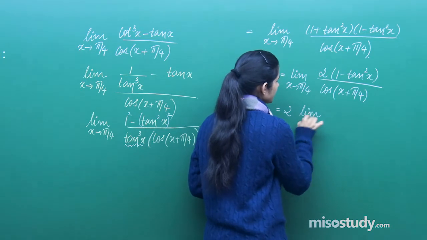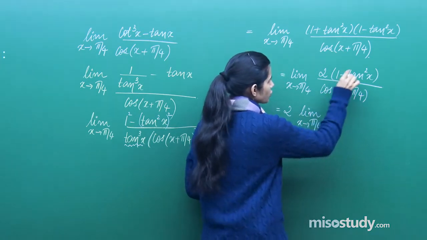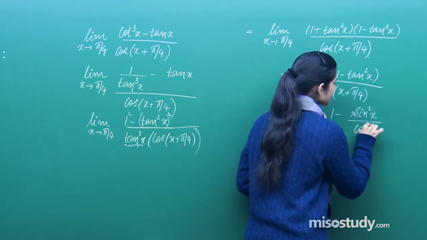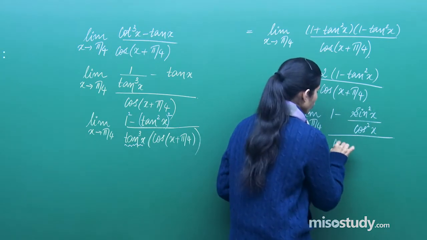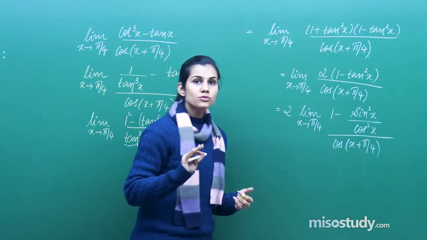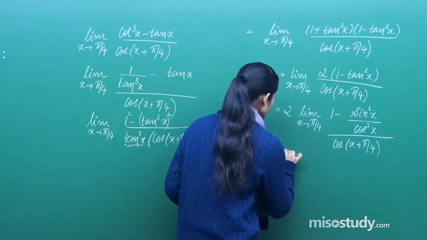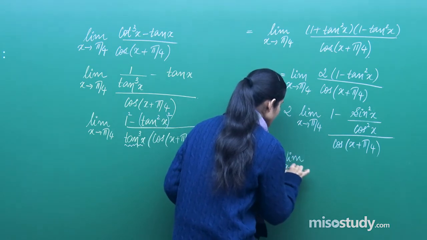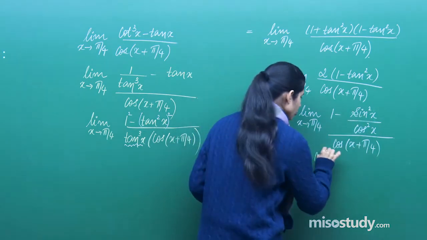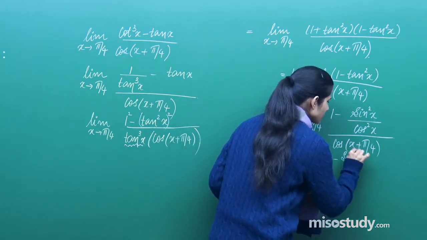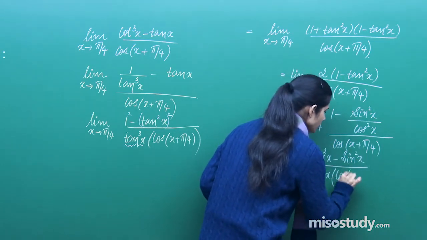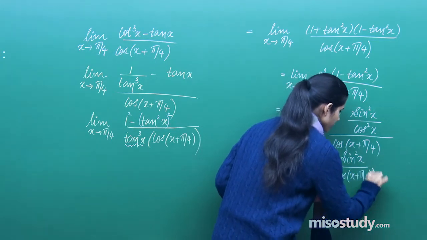Now comes the time to convert everything to sine and cos. So 1 minus tan square x, that is 1 minus sine square x upon cos square x, whole upon cos of x plus pi by 4. I am not disturbing the cos; in fact I am changing everything to sine and cos. So this will be twice of limit x approaches pi by 4, in the numerator cos square x minus sine square x, whole upon cos square x into cos of x plus pi by 4.